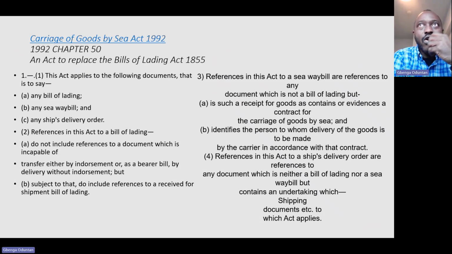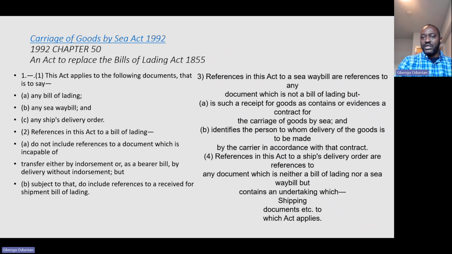So over time, in previous centuries, as early or late as you may want to put it, as 1885, the UK had its Bill of Lading Act, which solidifies the practice, the custom of the use of bills of lading.